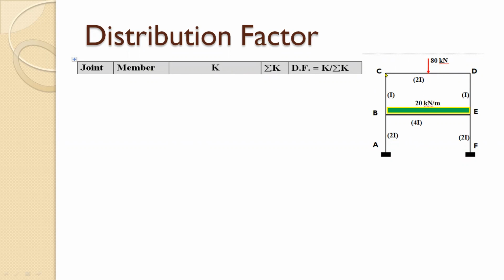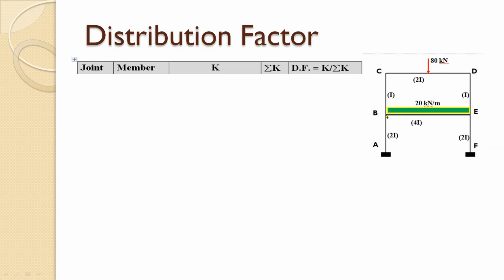So there are only two joints, joint C and joint B. At joint C, there are two members, CD and BE, out of which member CD is on the axis of symmetry. Therefore, the stiffness of member CD is to be taken as half of the original stiffness.